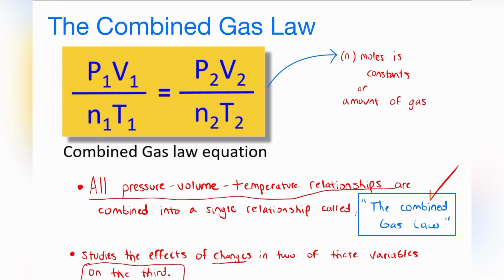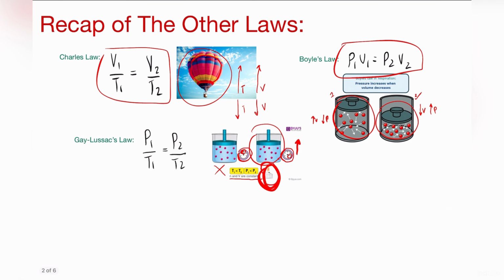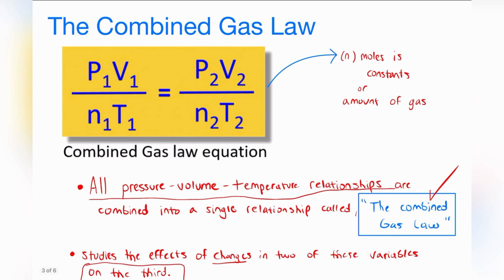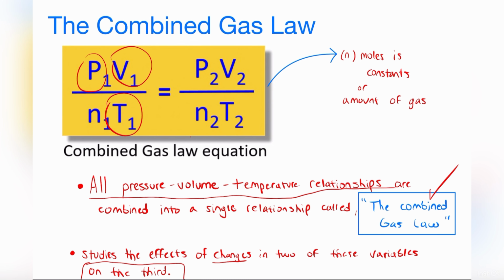This seems a little confusing because we're used to seeing two variables: volume and temperature, or pressure and temperature, or pressure and volume. Now we're adding three: pressure, volume, and temperature. An important thing to keep in mind is that n, the moles or the amount of gas, is held constant. That's why you see this little n tucked here.